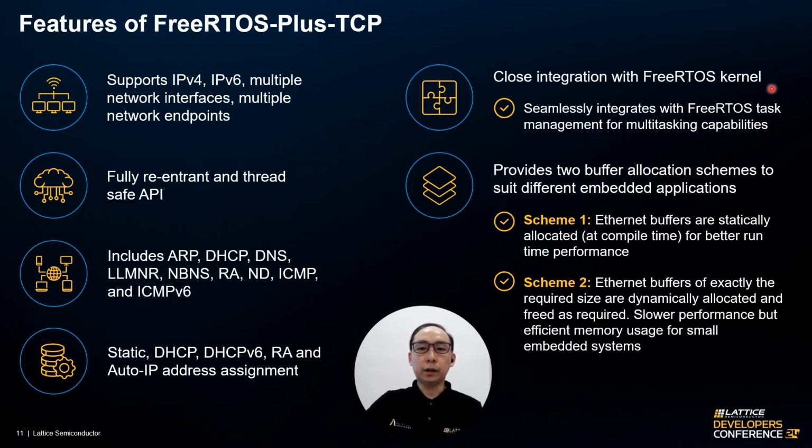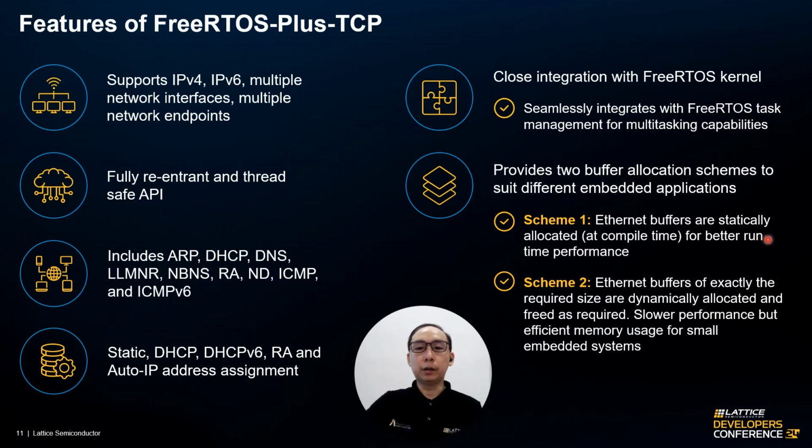The network stack has close integration with the FreeRTOS kernel, where it can be seamlessly integrated with the FreeRTOS task management for multitasking capabilities. It provides two types of buffer allocation schemes for different embedded applications. The first scheme is where the Ethernet buffers are statically allocated at compile time.